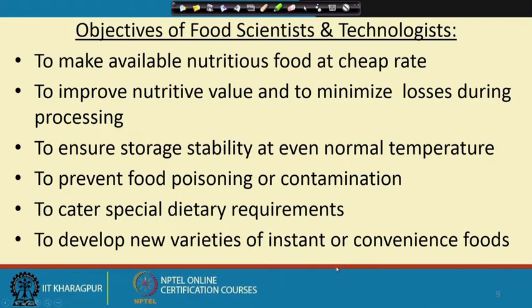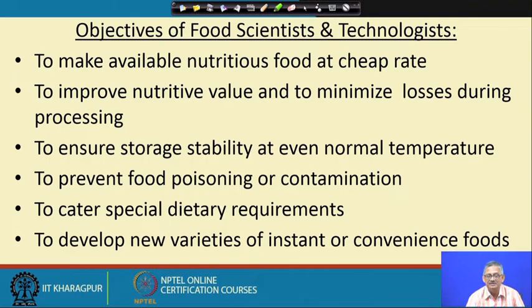Now, what should be your objective after studying? That you must make nutritious food available as cheaply as possible. You must improve nutritive value and minimize the loss during processing. Again, I give one example that you come across every day.